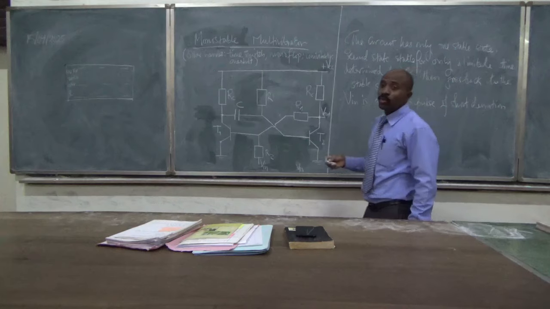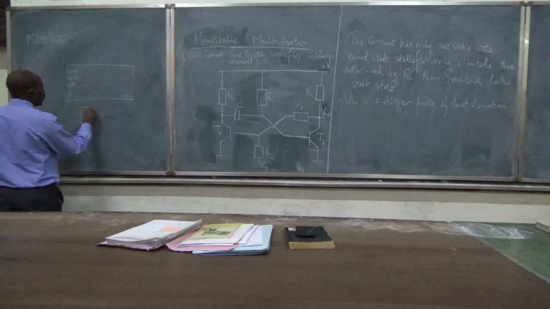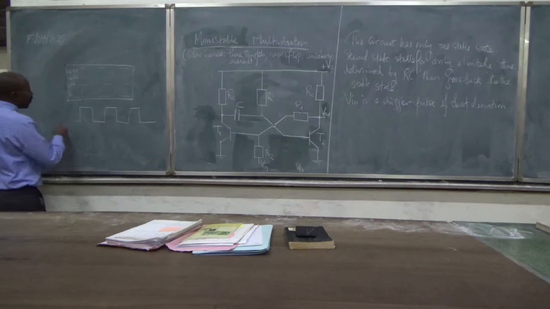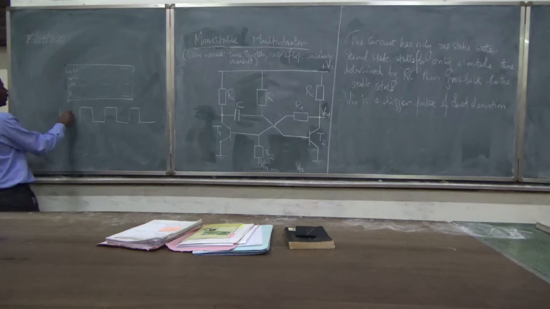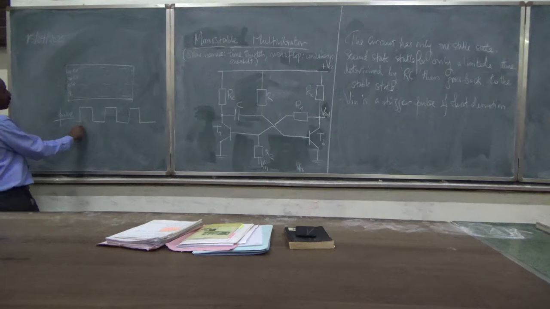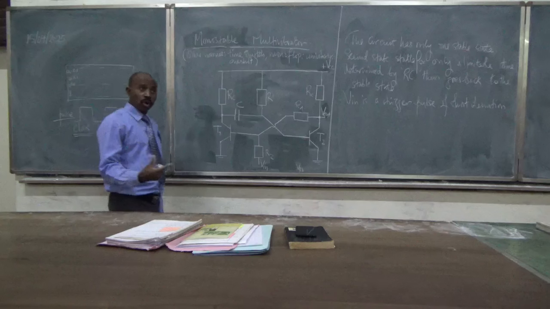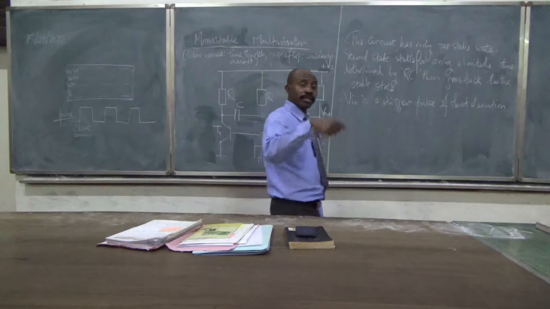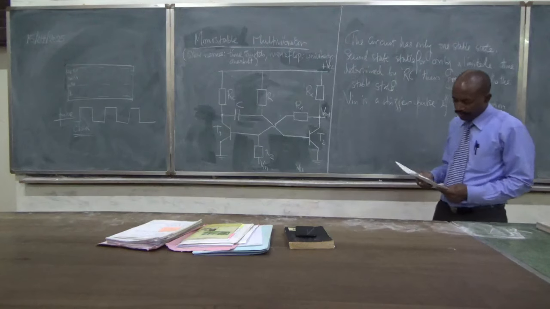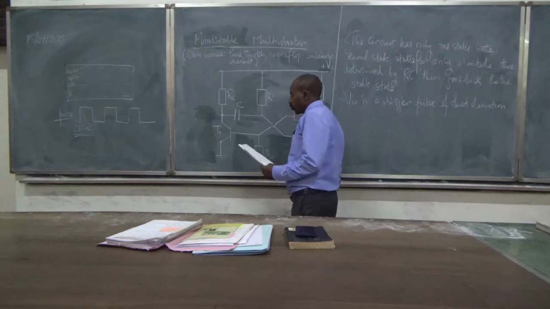The trigger pulse is the square wave, this one here. This is an example of the pulse, the trigger pulse. For the rest of the course, we shall be calling this one a clock. So when we talk of the clock, we mean that pulse. That's what we shall be taking as the clock. So the pulse of short duration.